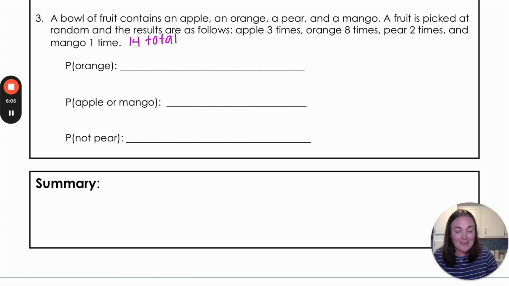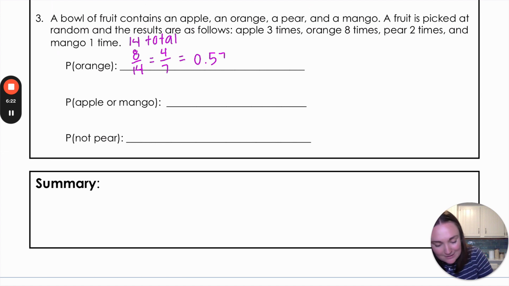So the probability of getting an orange, well, we got an orange 8 times, so 8 times out of that 14. We can simplify those both by 2, so we get 4/7, and 4/7 is the same as 0.57, or 57%. All right, let's try apple or mango.